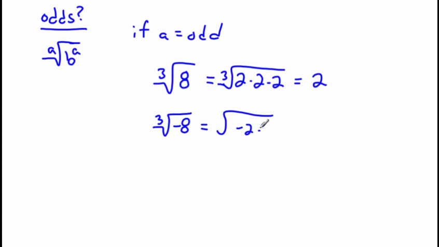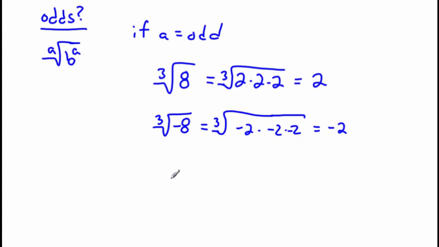So indeed, negative 2 times negative 2 times negative 2 is the thing I'm looking for, and that's the third root. So 1, 2, 3 of those get to escape from underneath the radical symbol, and that's going to be negative 2. Unlike the even, which gave us an absolute value, the odd is very happy to have positives and negatives.